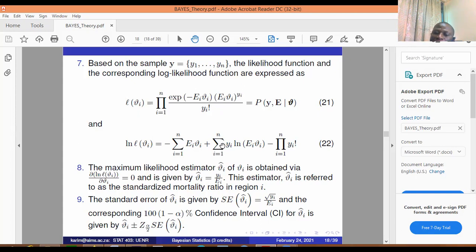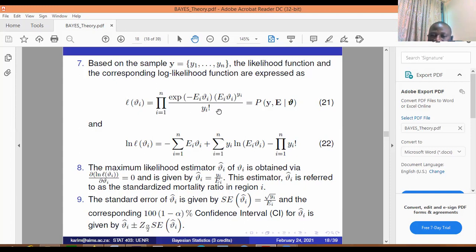So the y goes down, which is going to be summation of the y, natural log of the expected number of cases multiplied by the number at risk in region I.